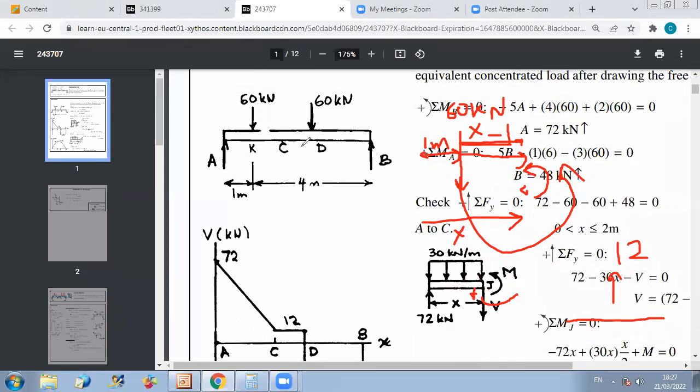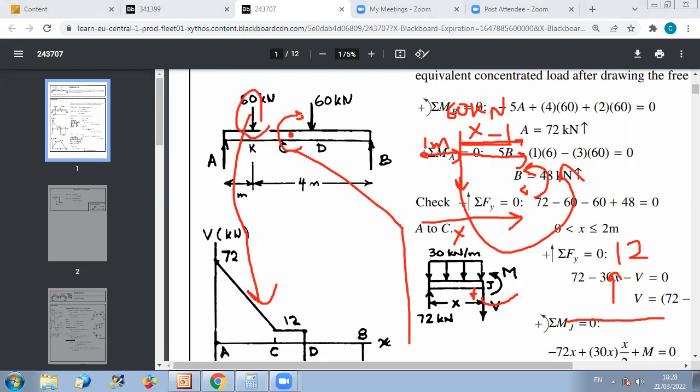If I have a concentrated couple in the beam, then at the point where I have the concentrated couple, I will have a jump in bending moment. And for the shear force, the only source of jump is the concentrated force. So whenever you have a concentrated force on your beam, you will have a jump in shear. Whenever you have a concentrated couple on your beam, you will have a jump in bending moment.